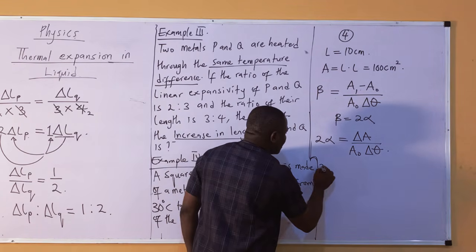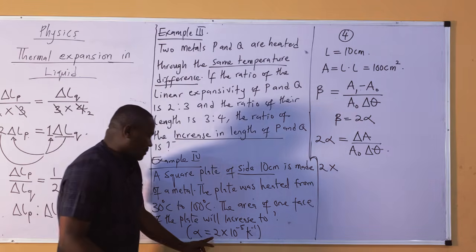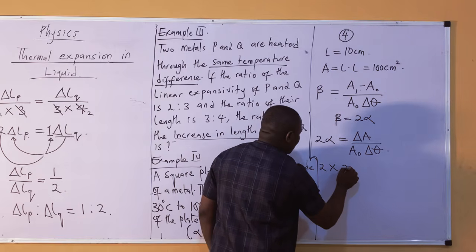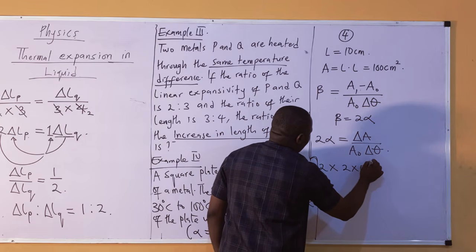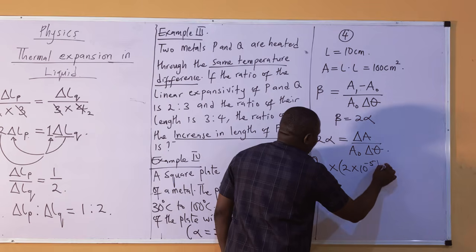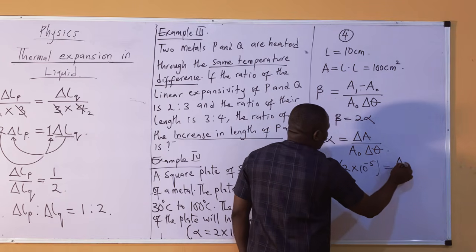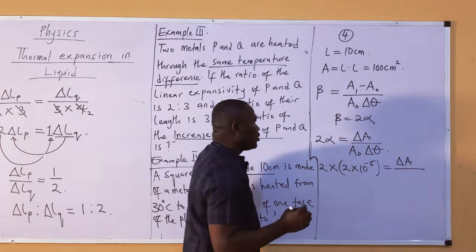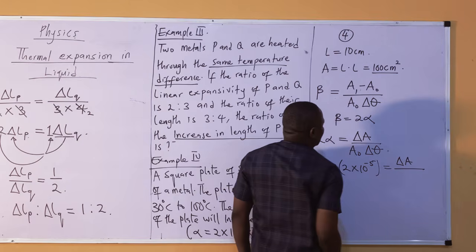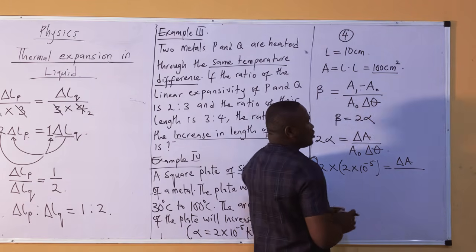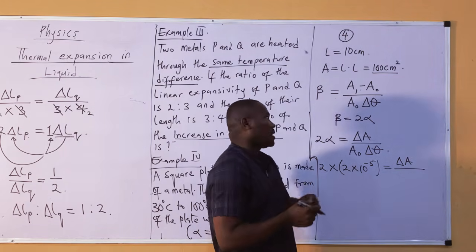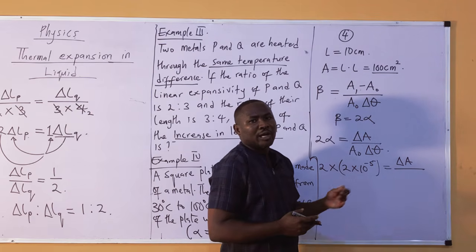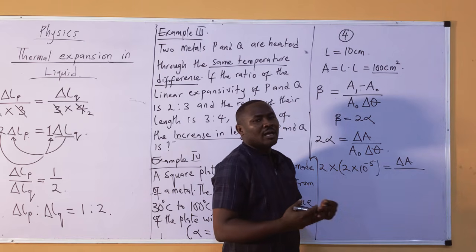It means 2 times our linear expansivity, 2 times 10 raised to the power minus 5, is equal to our change in area over our original area, which is 100 centimeters square. If I want to retain my answer in centimeters square, I can continue and I will not change it to meter square. It's allowed.